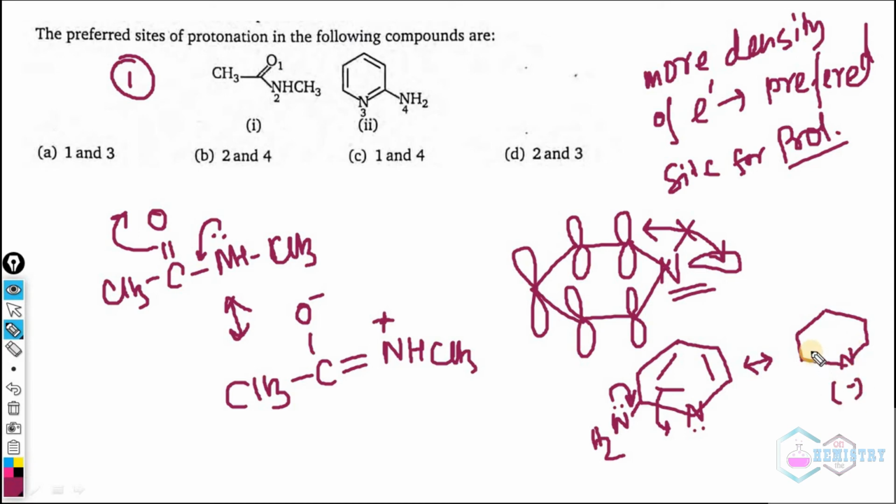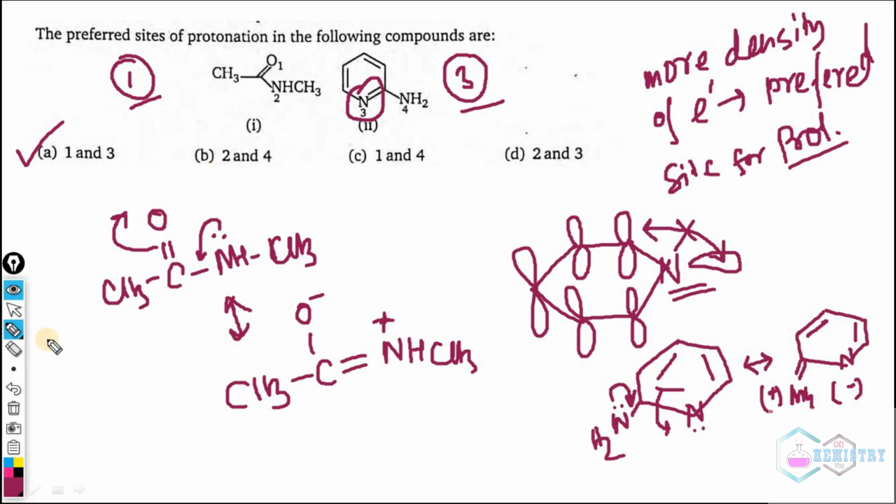This will be negative, this will be positive. Hence this nitrogen, that is nitrogen number 3, will have more electron density and lone pair availability will also be more. Hence 3 will be the preferred site for compound 2. So 1 and 3 will be the preferred sites, and this comes in option A. So option A is the answer.